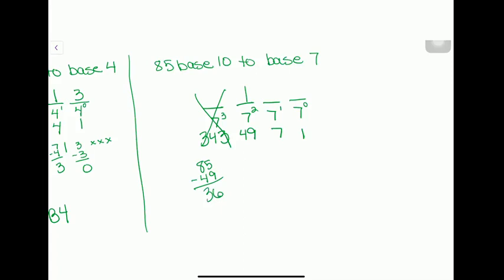So how many 7s fit in 36? There would be 5 boxes because 7 times 5 is 35. So 36 minus 35, we would have 1 left over. And then that would mean we would have 1 unit box. So 1, 5, 1 base 7 is the equivalent of 85 base 10.